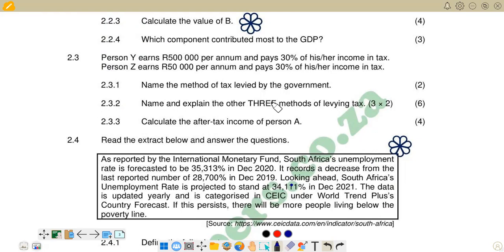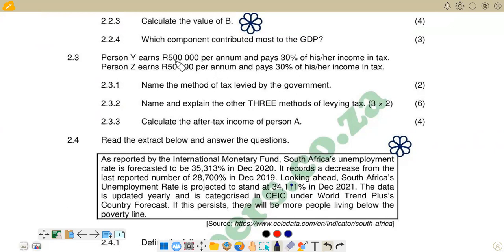And all those tax systems are differentiated with the way they charge in terms of rates. The level of taxes that are levied is different when we are using proportional and when we are using regressive. So on proportional, we are using the same tax rate. This same tax rate applies to the situation that we are given here.